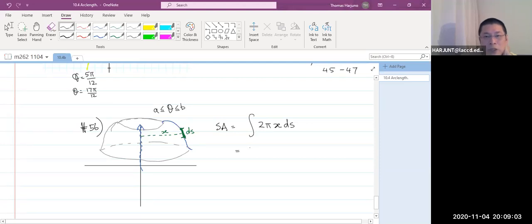Now change this all into theta. This A to B, 2 pi, x will be r cosine theta. I hope you realize that I'm just doing substitution.